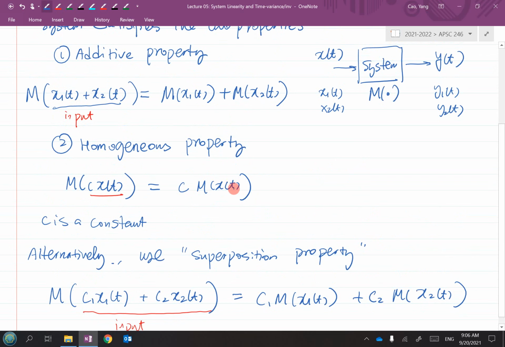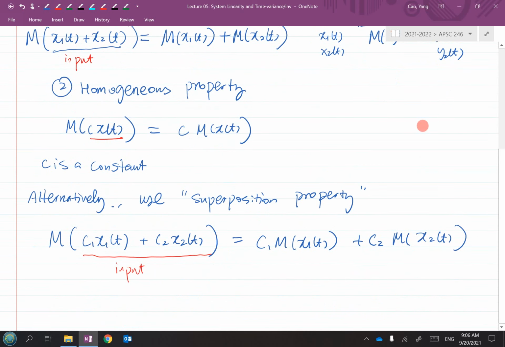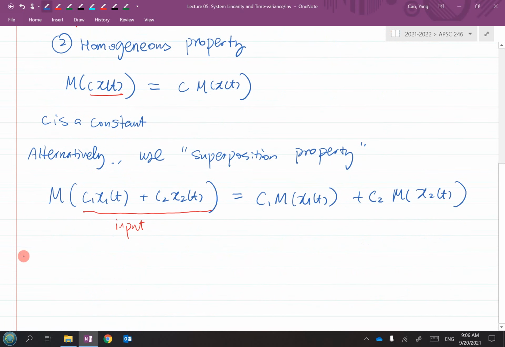So for now, let's use an example to show how to use the superposition property to check system linearity. Let's take a look at an example here.